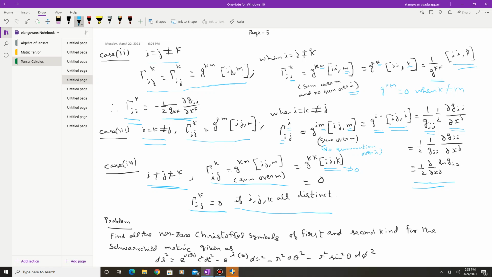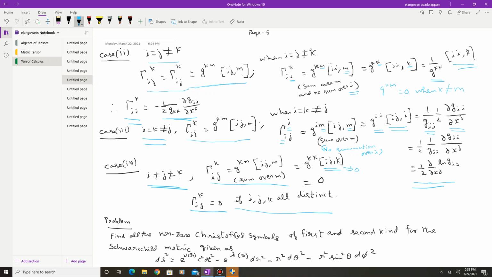Now from this we can evaluate Christoffel symbols if any line element is given. Here we are considering the Schwarzschild metric, because this metric is used in the theory of relativity. So we are taking such a metric which is useful. Find all the non-zero Christoffel symbols of the first and second kind for the Schwarzschild metric, which is given by ds squared equal to e to the power nu times c squared dt squared minus e to the power lambda dr squared minus r squared d theta squared minus r squared sin squared theta d phi squared.